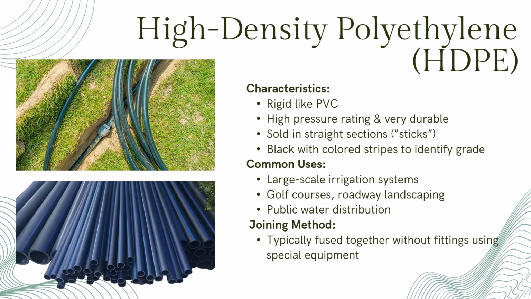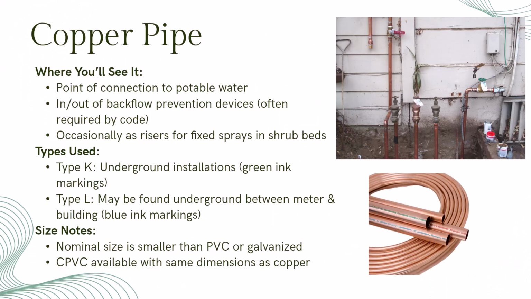Its durability also makes it very resistant to damage from pressure surges. HDPE pipe is usually black, but you'll see colored stripes on it to identify the grade. One big difference with HDPE is the way it's joined. It's typically fused together using specialized equipment, rather than using insert fittings like other poly types.